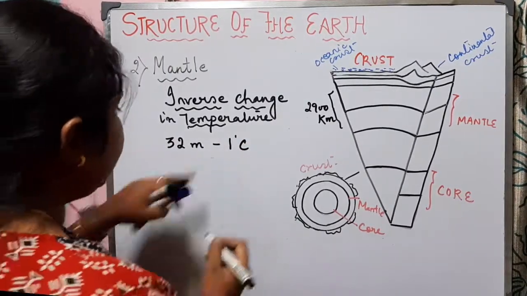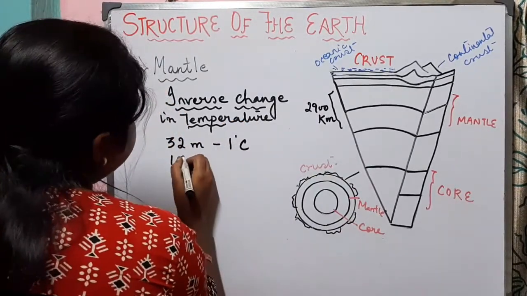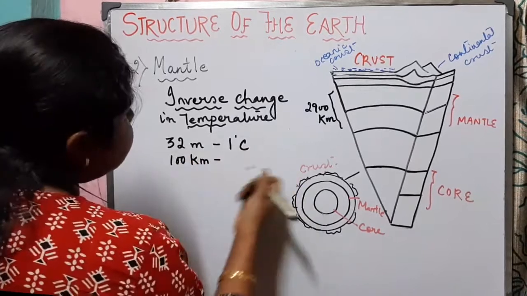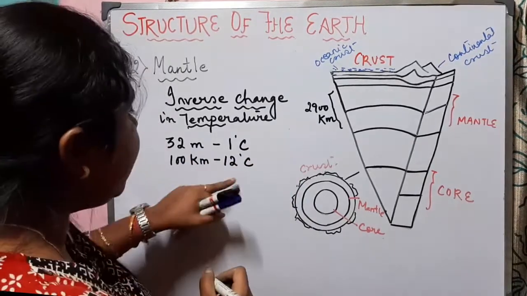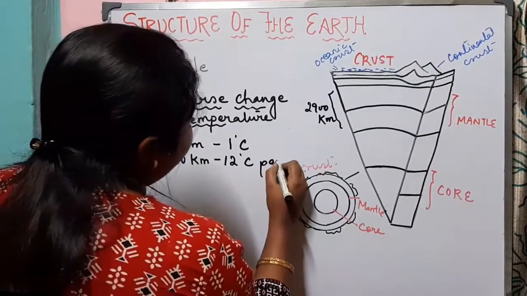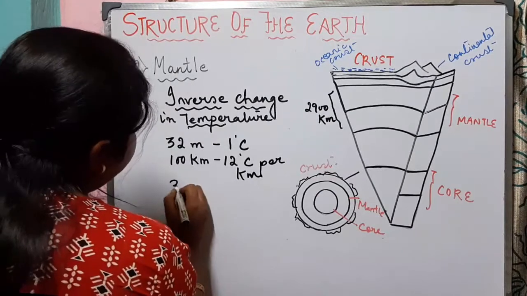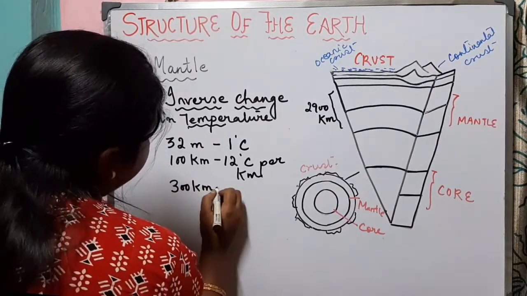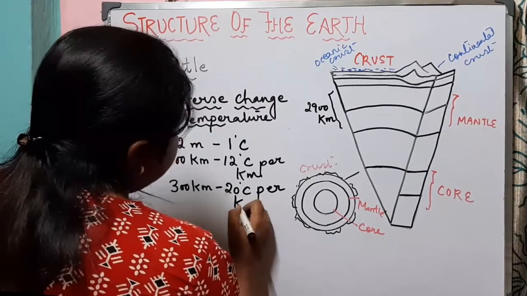While reaching the upper 100 kilometers, the change is 12 degrees Celsius per kilometer. After reaching 300 kilometer, it is 20 degrees Celsius per kilometer.